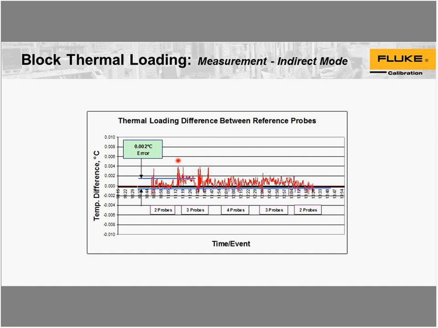Well, as many of you realize, a 2-millidegree error is basically noise that's generated from moving that block in and out. The reason we reuse 2 thermometers in the testing is to eliminate the impact of that kind of noise in the gradient measurement.